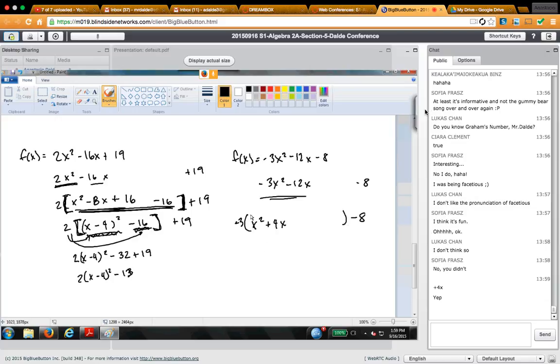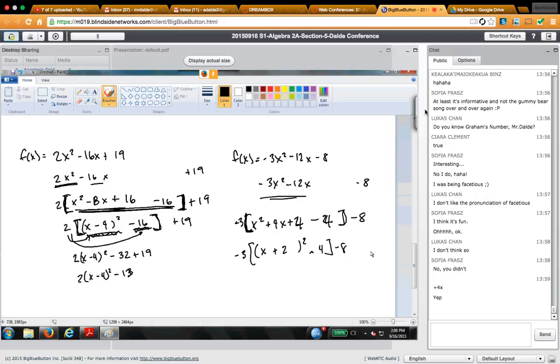Within my microcosm of niceness where the x squared term has a 1 in front of it, I'm going to do the complete the square dance. Plus 4 minus 4. This is x plus 2 squared, but to do that, I would have to do the plus 4 and the minus 4. Still got my minus 4 out there, and that's inside of a bracket that has a negative 3 in front of it.